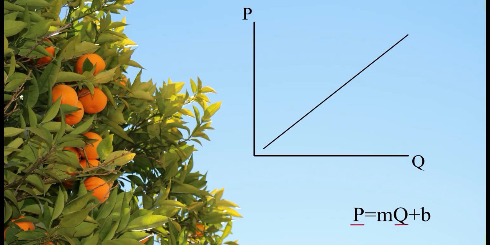So let's move on to our shifts, and I'm going to go ahead and mark our spots here really quick. So we have our P and our Q here, and let's go ahead and start with the shift to the left. A shift to the left means that there is a decrease in the quantity supplied.